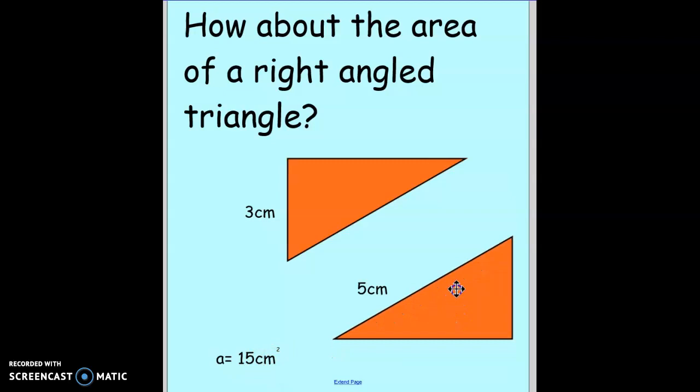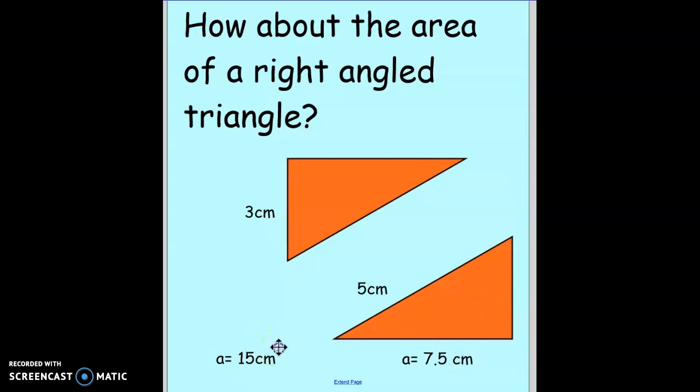So that area is going to be half of 15 centimeters squared. And half of 15 is 7.5 centimeters. Well, let's drag that out a little bit. There we go. And I need to make that squared again.